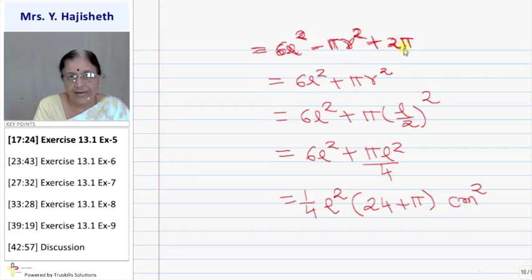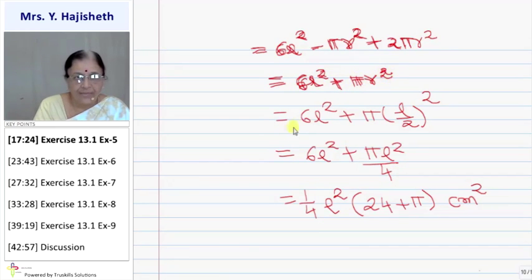Two pi r square. So what is left? It is nothing but 6L square plus pi r square.